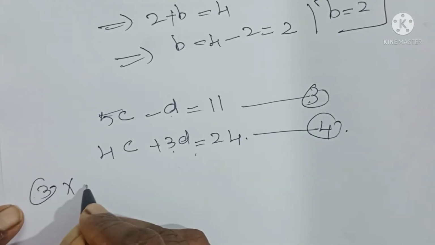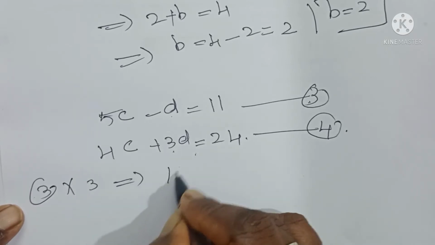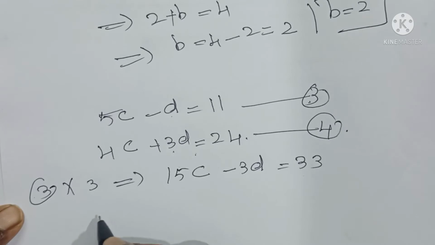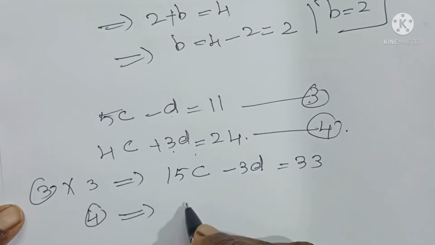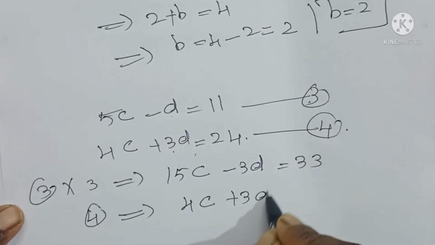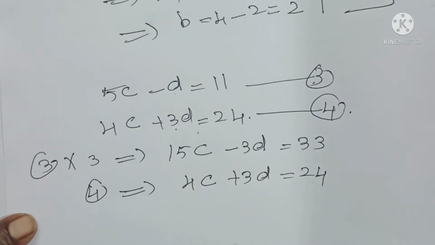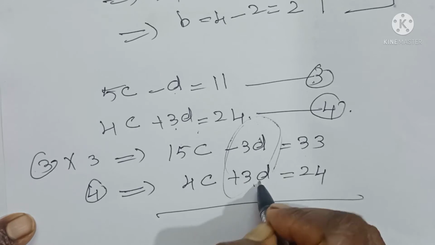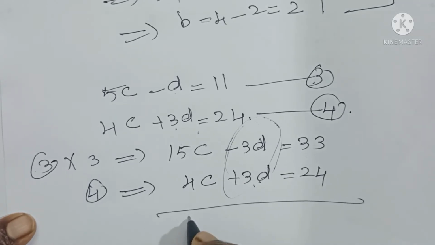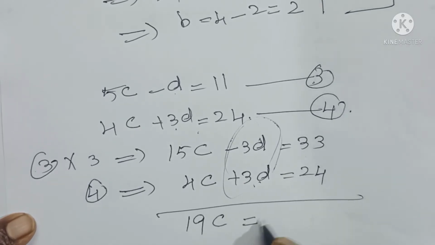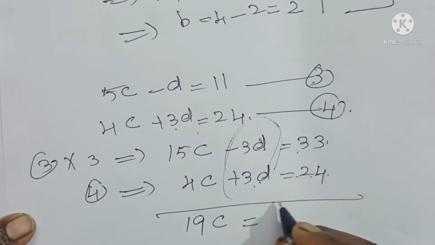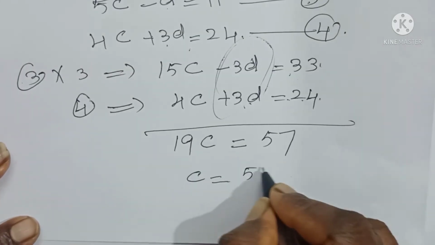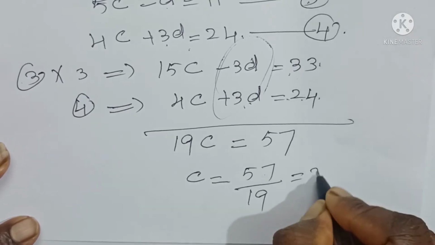So 15C minus 3D is equal to 33. Then the fourth equation, 4C plus 3D is equal to 24. Add these, then the D term becomes 0. So 19C is equal to 33 plus 24, which is 57. So C is equal to 57 by 19, which is equal to 3.